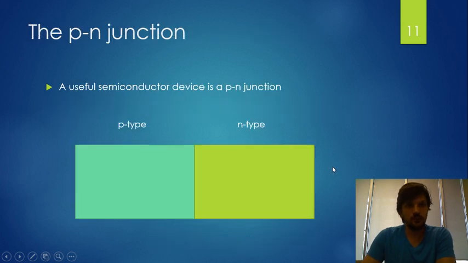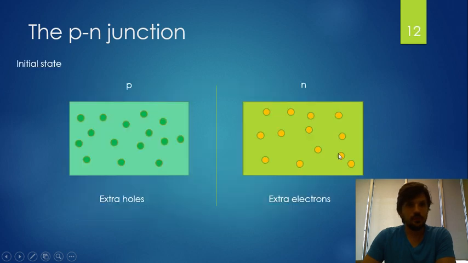So now that we have some of the basic concepts down, I can introduce the concept of a p-n junction. A p-n junction is a very useful device and consists of a p-type material connected with an n-type material. So let's see how this works. We'll start with a p-type material which has extra holes, and an n-type material which has extra electrons.